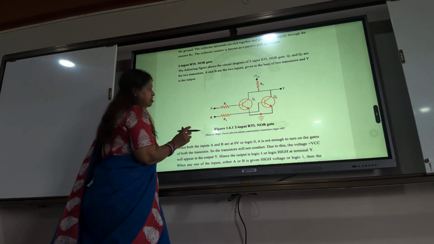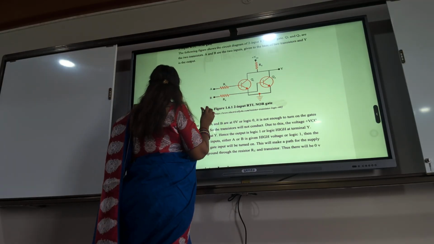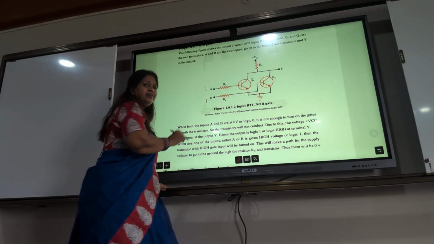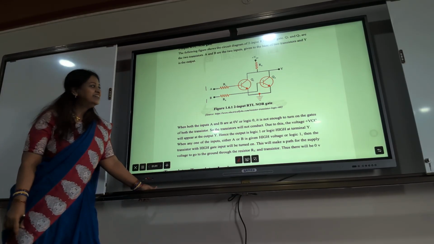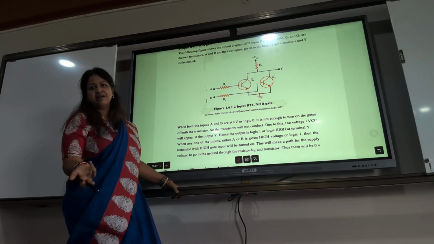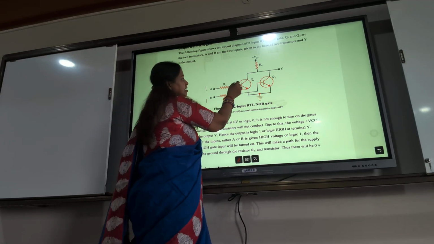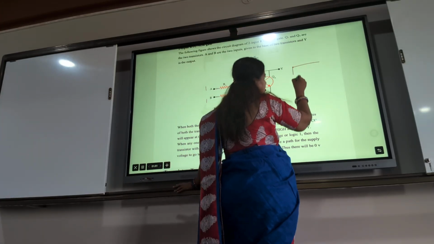And the next condition is 1, 1. You all know the transistor operation or not? When it is forward biased, it conducts. When it is reverse biased, it does not conduct. So here, with high inputs, both are conducting. So what will happen to the circuit?